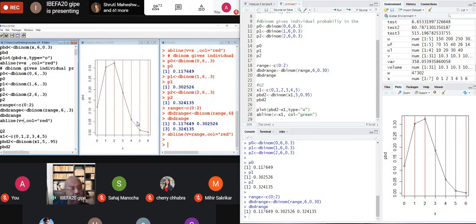So these probabilities I have to show for my range variable. So if you change the color, it'll show.